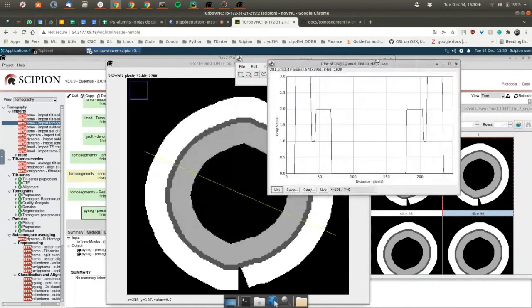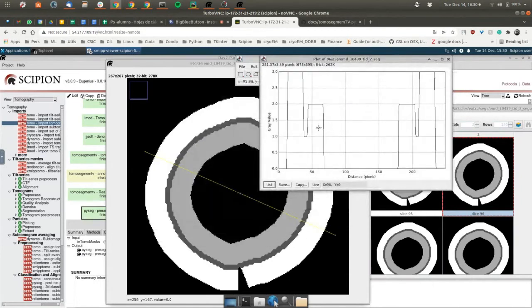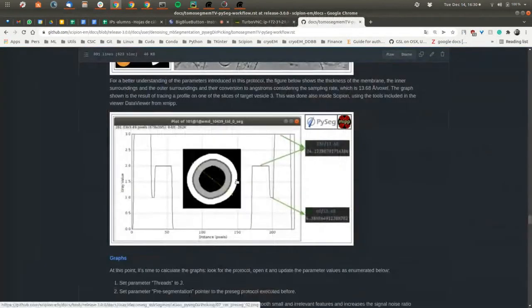Let me go back to the figure to show that the values we were using have been correctly represented. As you observe, we used the thickness of the outer and inner surroundings, which will be the same, about the size of the biggest ribosome we can find, and divided by the sampling rate, it would be around 24.